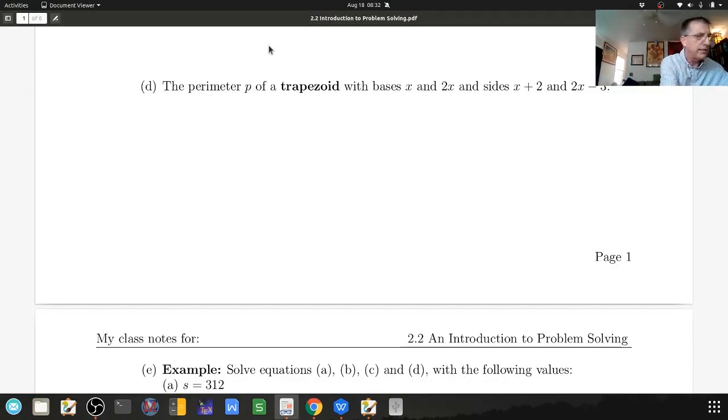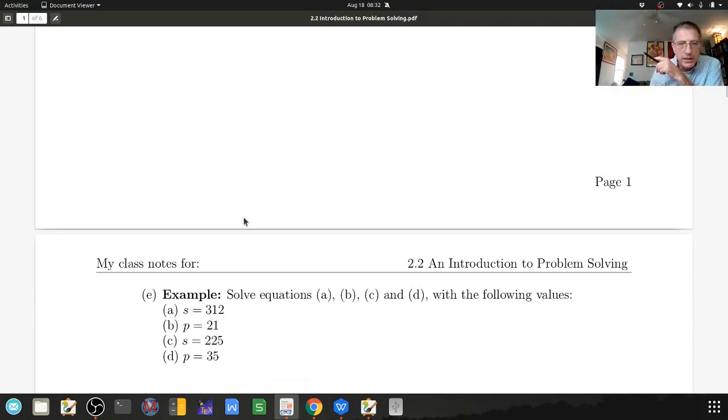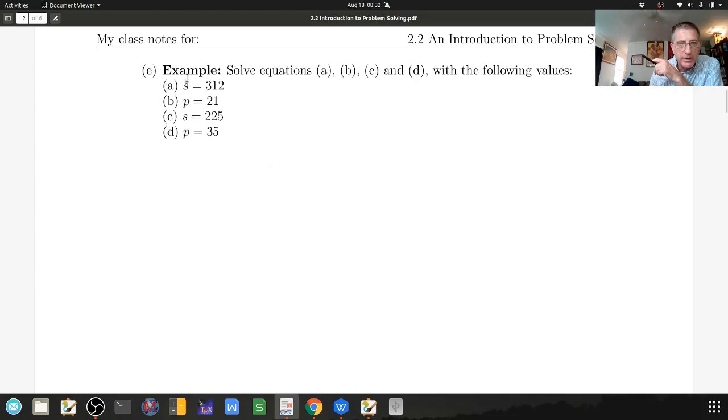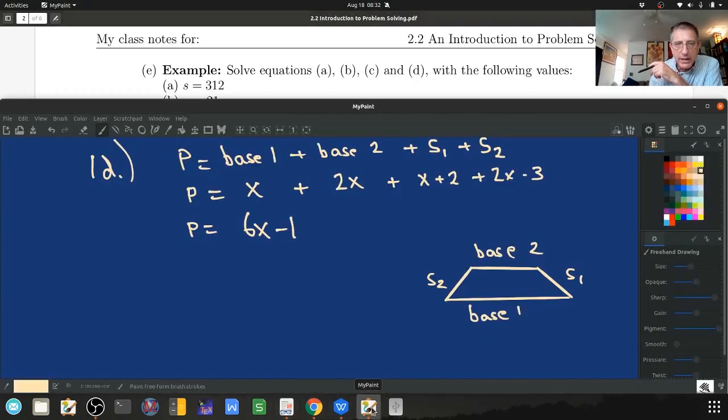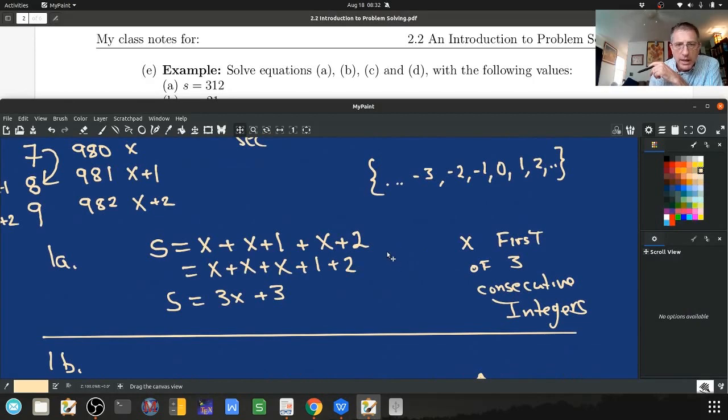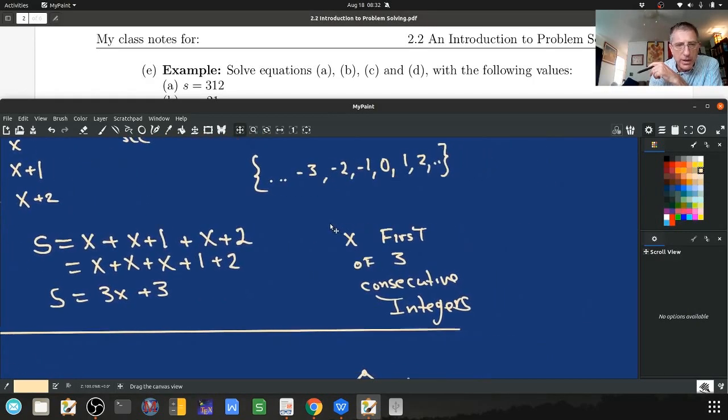So for our next example, we're not going to do all of them. So we are revisiting all of this. We want to solve equations A, B, C, and D with the following values. S is equal to 32. So let's go back and go up. And here is my equation.